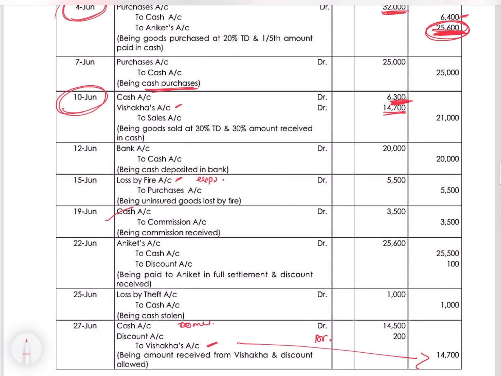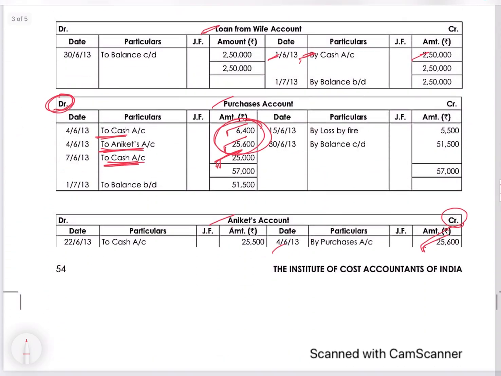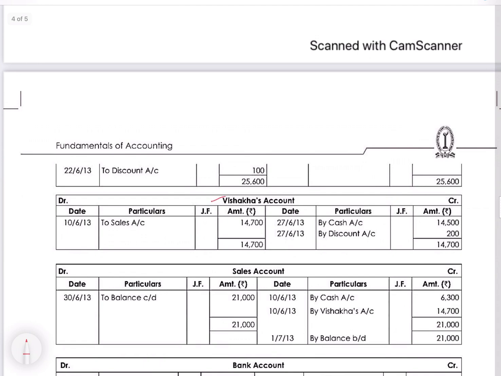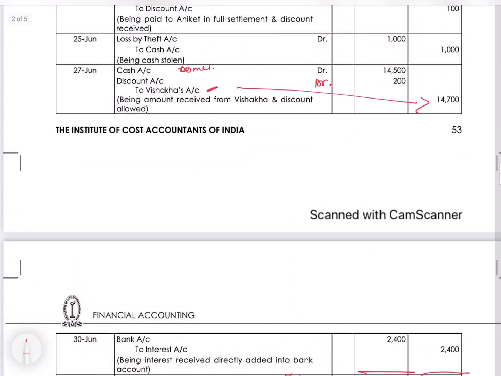Vishakha's account we will prepare and debit by 14,700, to sales. Remember, on the debit side 'to' will come, and on the credit side 'by' will come.